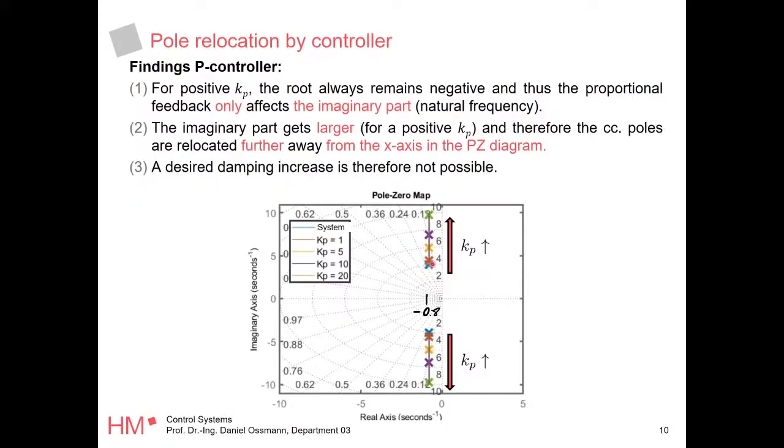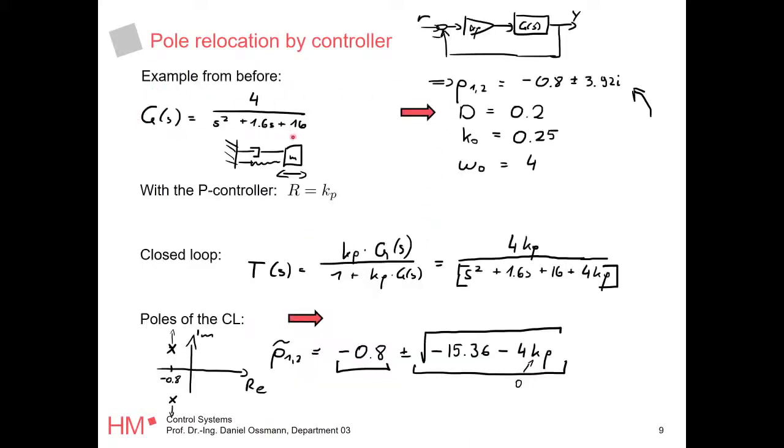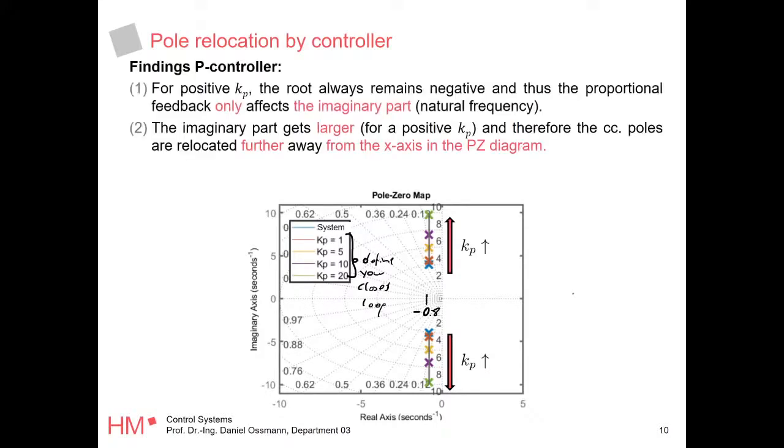The blue one is our system, right? By system, I mean G of S, and these are the poles of G of S. Now, I'm setting my Kp equal to 1. I'm closing the loop. What's happening now is that my closed loop, my T of S, is defined.